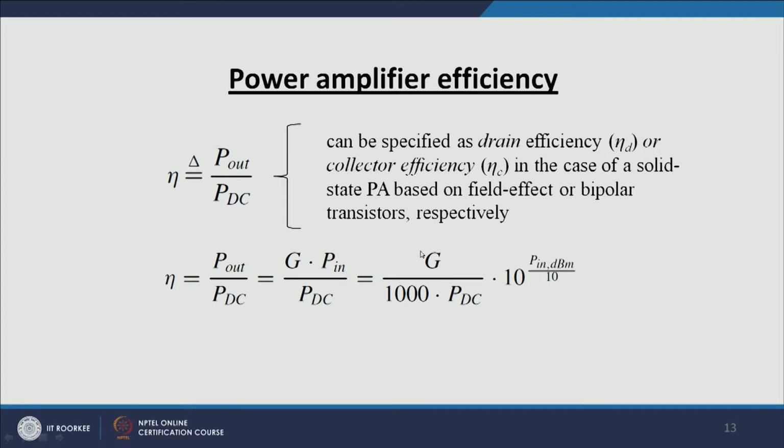Now, we can further modify this definition so that it can be given in terms of dBm. First of all, we convert to milliwatts by dividing by 1000, and then we take 10 to the power of P in dBm divided by 10, so that we get our input power if it is given in dBm.